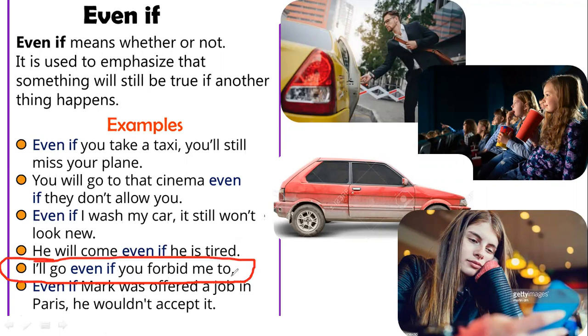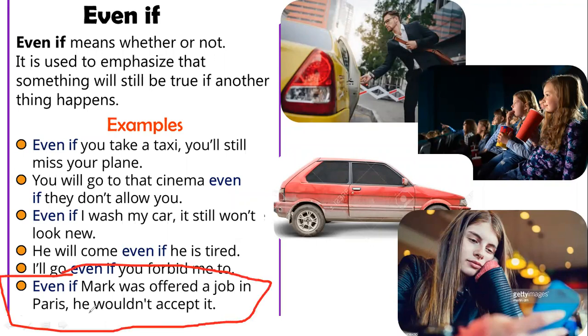So if you forbid me or if you don't forbid me, I'll go. The result is the same. And even if Mark was offered a job in Paris, he wouldn't accept it. So the result is the same. If he was offered or not, he won't accept anything in Paris.